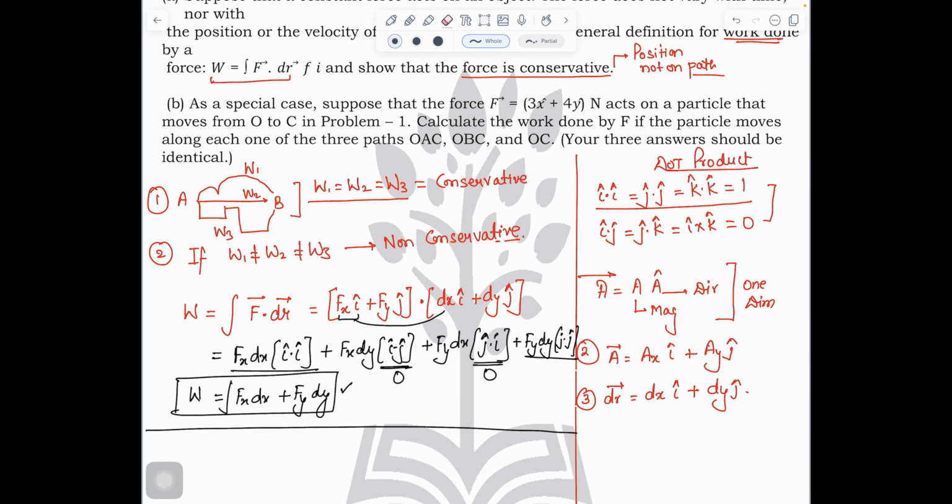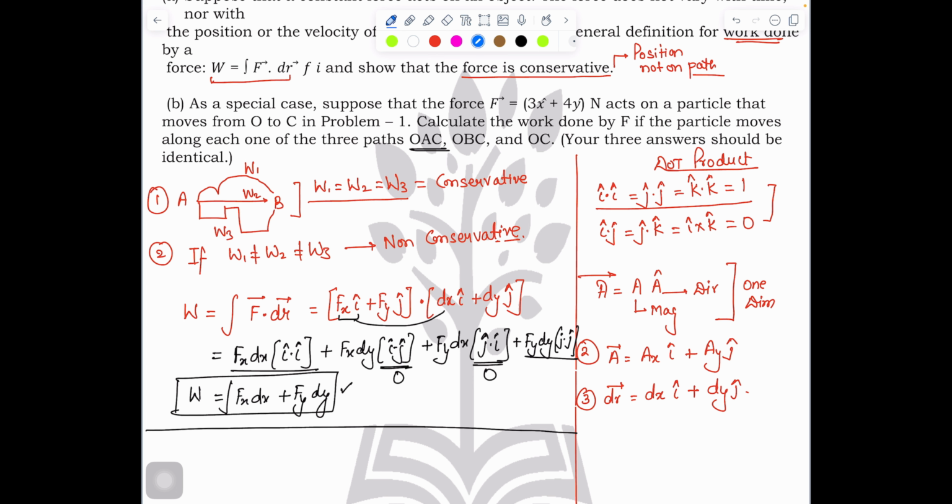Fine. As for the second part, as a special case, suppose the force given acts on a particle that moves from O to C in problem 1. We already have problem 1, the square is there. Calculate the work done by the force if the particle moves along each one of the three paths: OAC, OBC and OC.